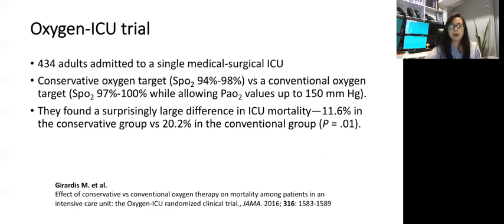They found a surprisingly large difference in ICU mortality, 11.6% in the conservative 94 to 98% range versus 20% in the conventional group of 97 to 100% target. So 11% versus 20%.